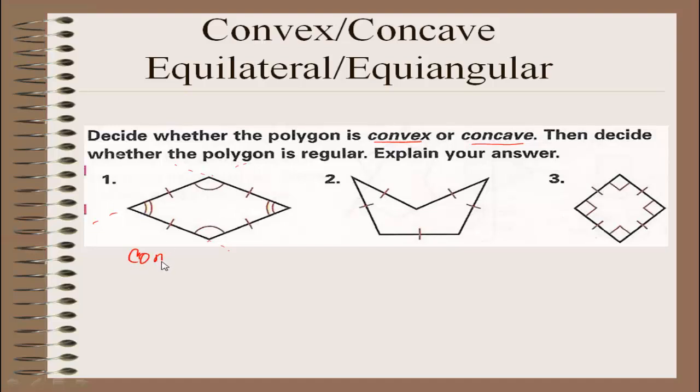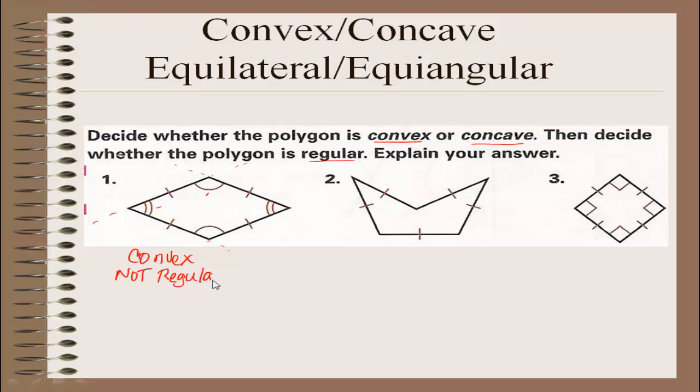That tells you this is convex. Is it regular? That's our second question. Well, in order for this to be a regular polygon, I need to have all angles congruent with each other, and that's where this fails. This angle here is not congruent with this one. So therefore, this is not a regular polygon.